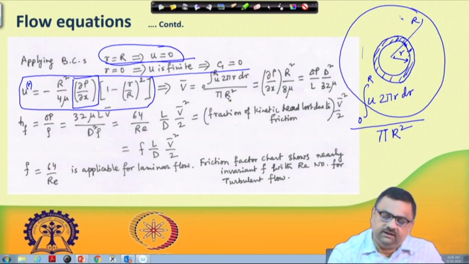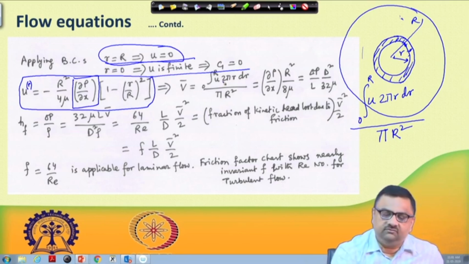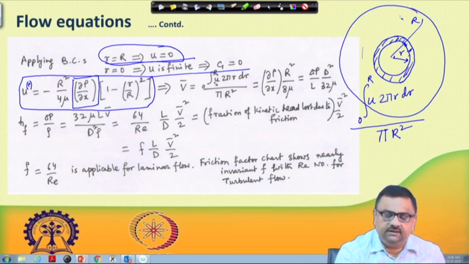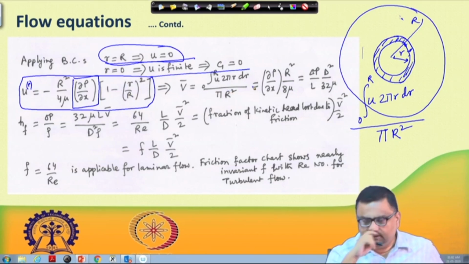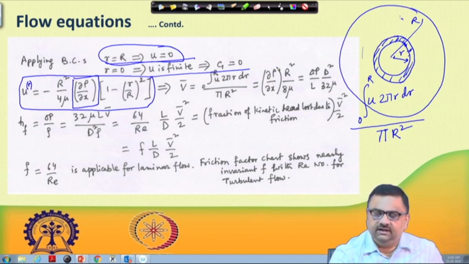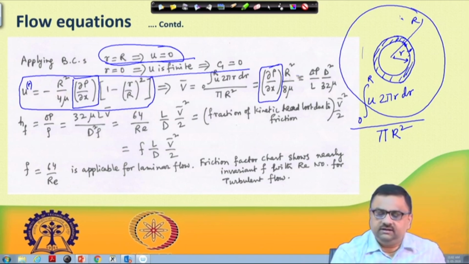Now, u is a function of r, so when you bring in this functionality and do the integration, you will end up with this expression: del p del x remains as it is, and the integration between 0 and capital R takes you to R square by 8 mu.